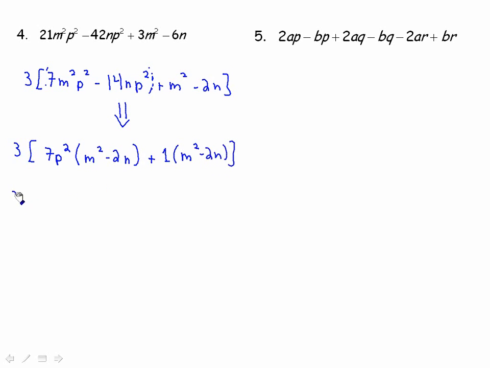And then the 3 again is outside, and m² − 2n gets factored out, and then we have 7p² + 1. Now, that's okay the way I have it, but there's a bit of redundancy with respect to the brackets. So I will now write it as 3(m² − 2n)(7p² + 1).